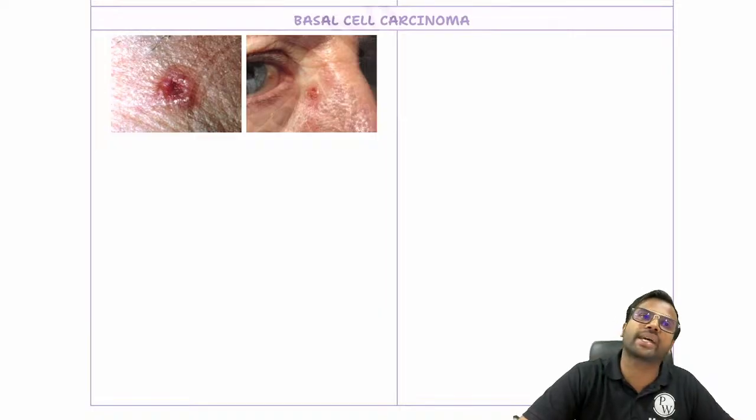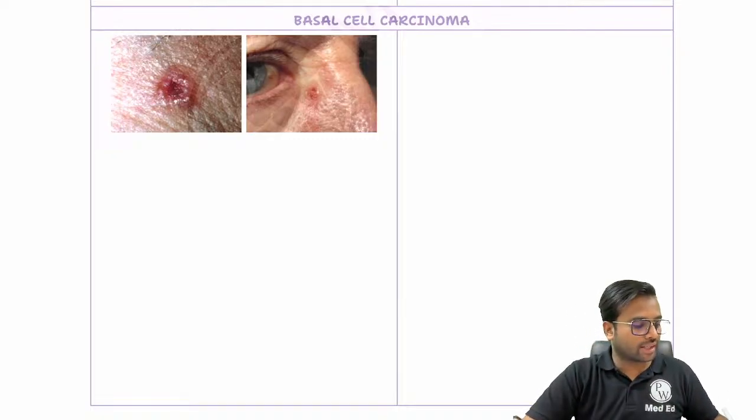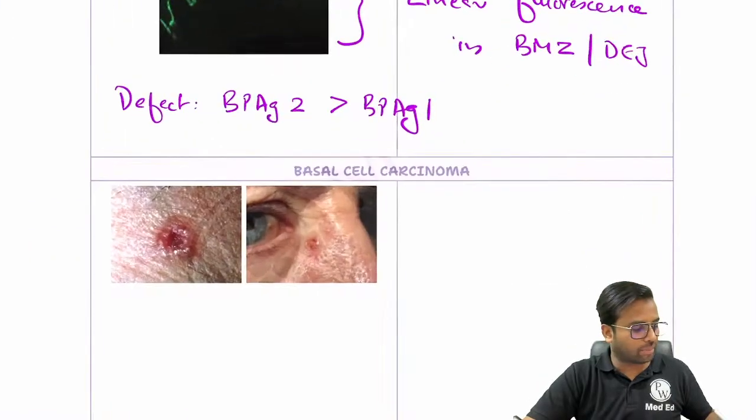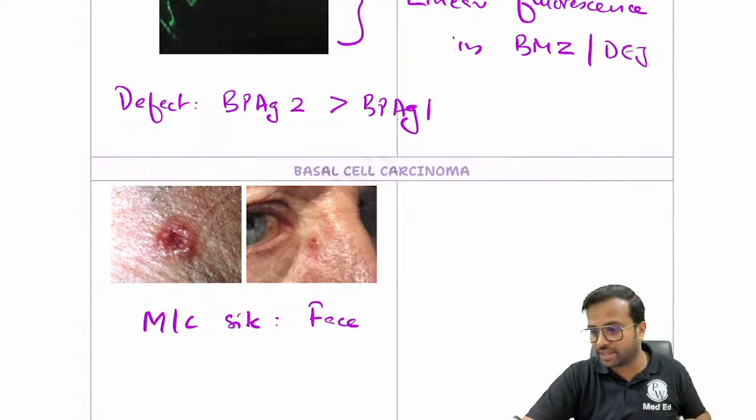Yeah, in the last exam they asked you about basal cell carcinoma, isn't it? So in basal cell carcinoma, this is a very typical lesion. The most common site of a basal cell carcinoma is going to be the face.